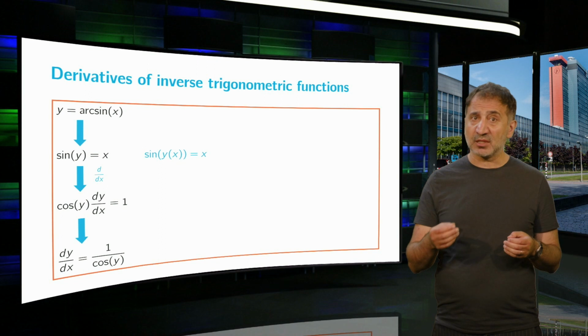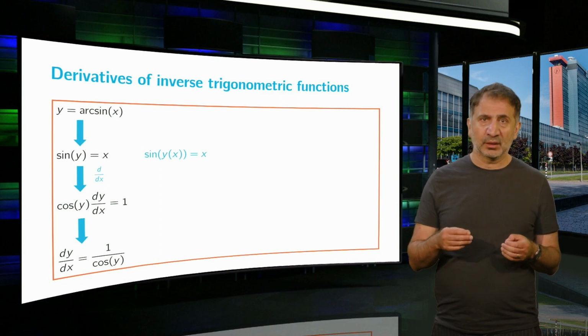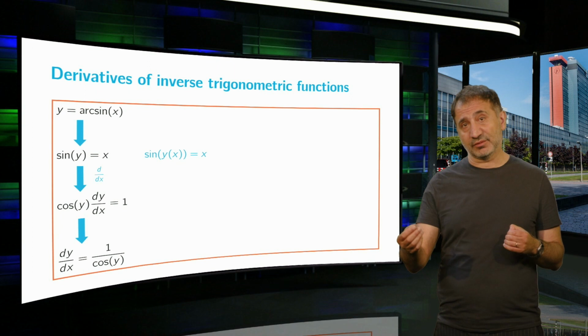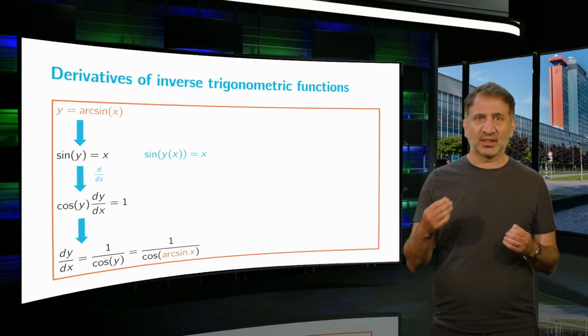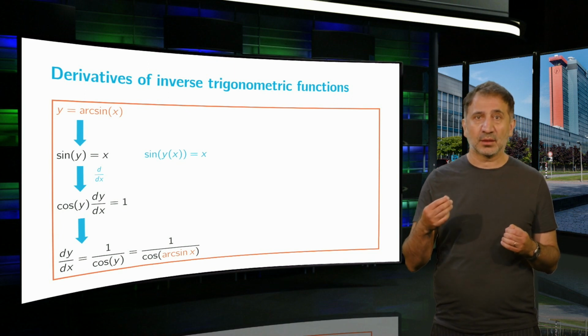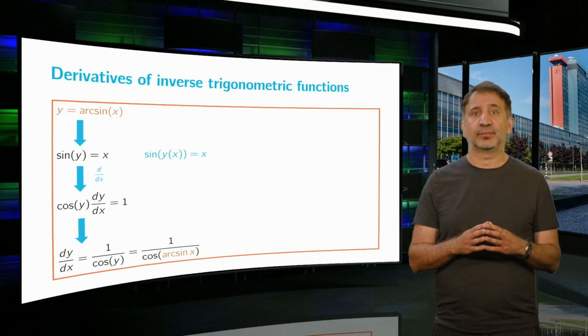This is an implicit formula for the derivative of the arcsine. But we would like to have an explicit formula, meaning a formula without containing y itself. Rewriting the implicit formula a little bit, we get 1 over cosine of arcsine of x, because y is equal to the arcsine of x.